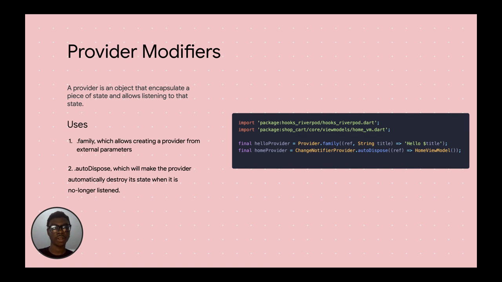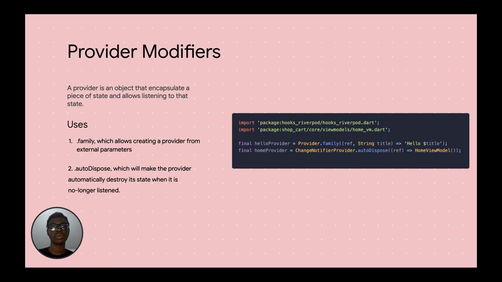Then we have the provider.family, which gives us a way to add the title. So this title will not be there if we were using a regular provider, but since we use the family modifier, we can now add a title string, and this string will be housed in the state of this particular provider.